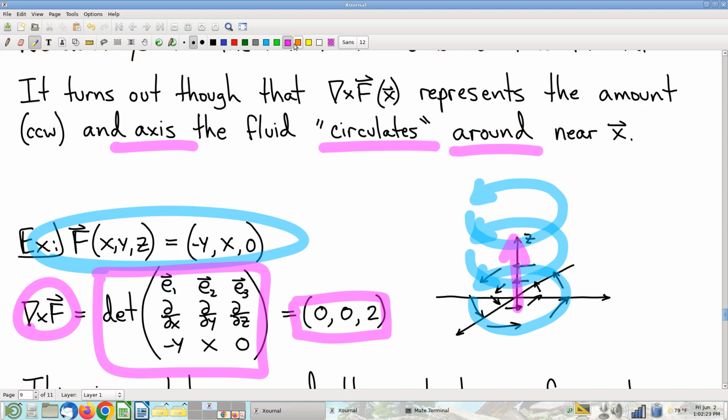And that magnitude of 2, in some sense, is telling you how much. Is this a powerful tornado? Is this a violent rotation around the z-axis, or a gentle rotation?